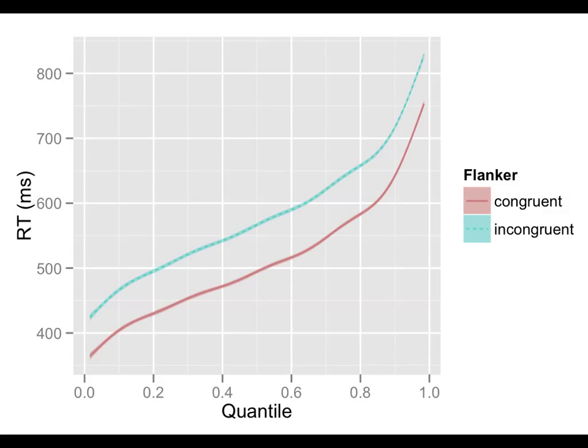It's kind of hard to see using the raw data, but the mixed effects model says there's very strong support for an interaction between flanker congruency and the quantile function, implying that the quantile function has a different shape in these two flanker conditions, in turn implying that the reaction time distribution has a different shape in these two conditions.